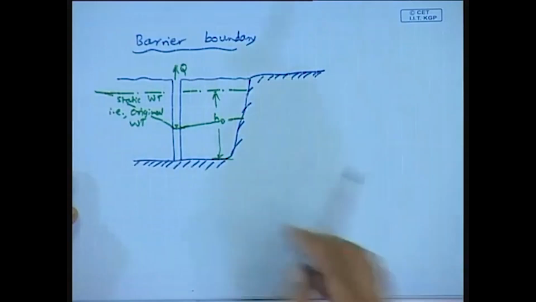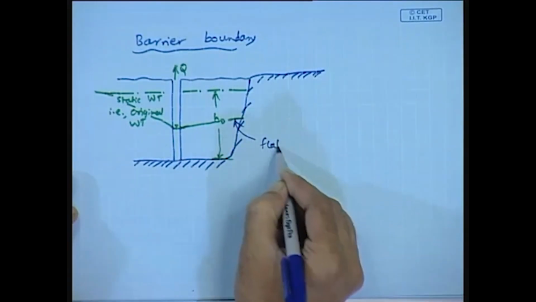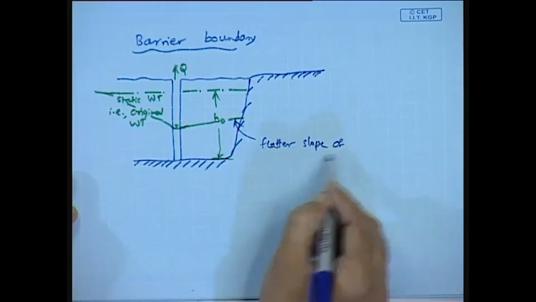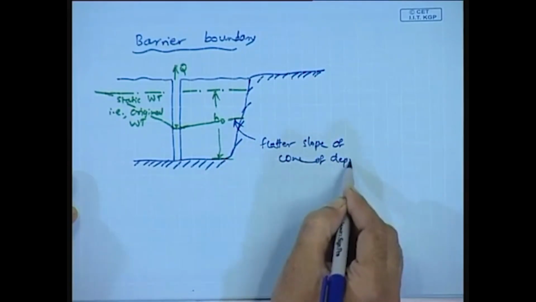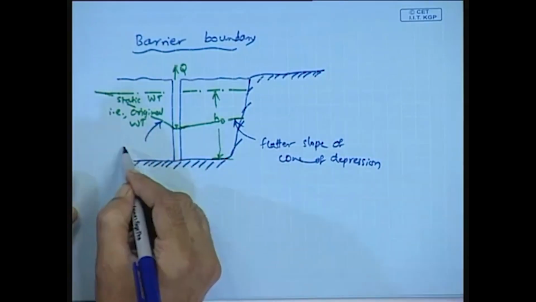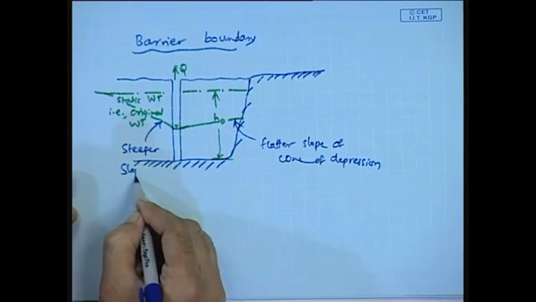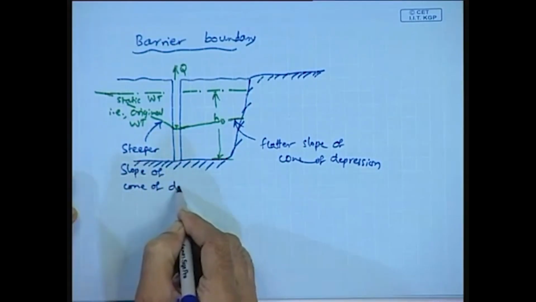So, in this case, this is a flatter slope of the cone of depression, and this is a steeper slope of the cone of depression.